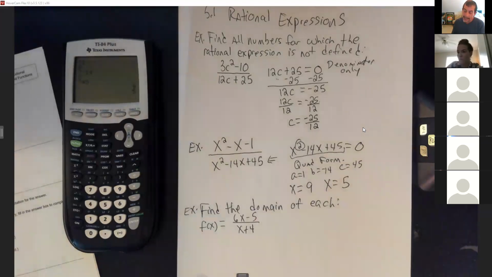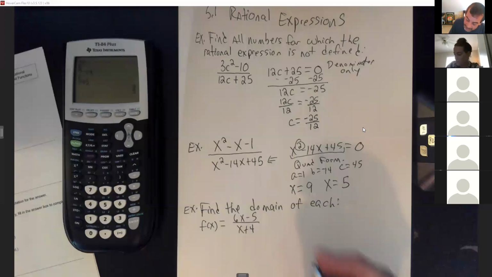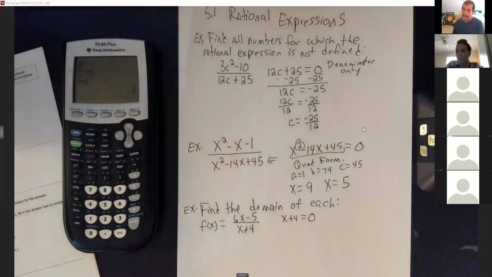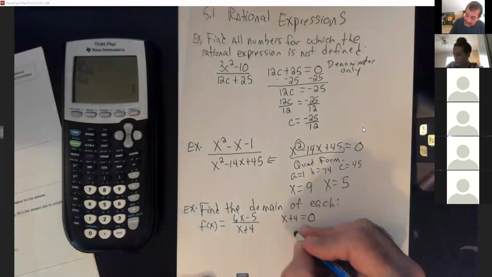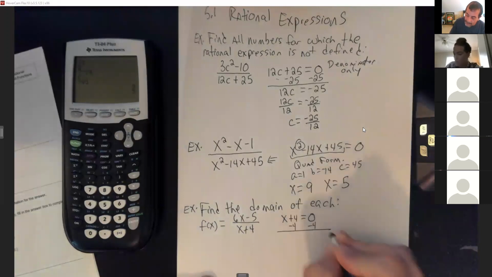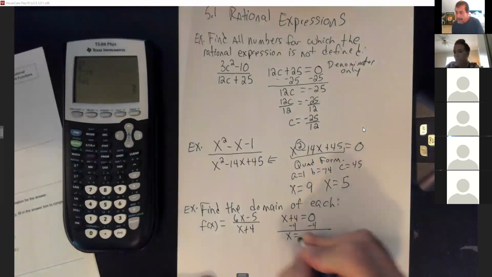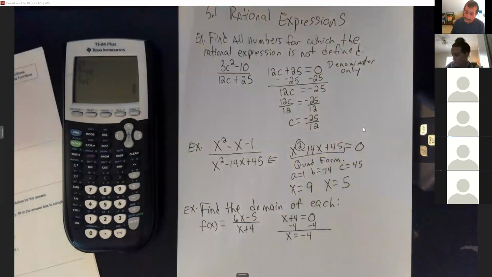Since I just got one x down here, I only need one number. So set that x plus 4 equal to 0 and solve that for the x. Really the only thing we got to do there is subtract 4 from both sides so that we get x is a negative 4. Now, we're going to use set builder notation first.